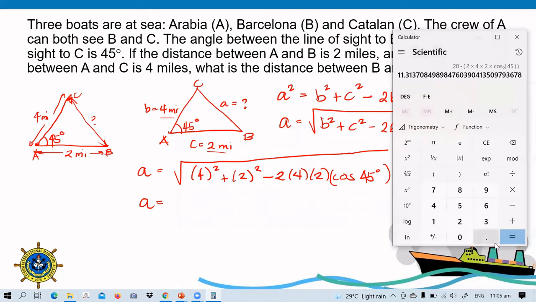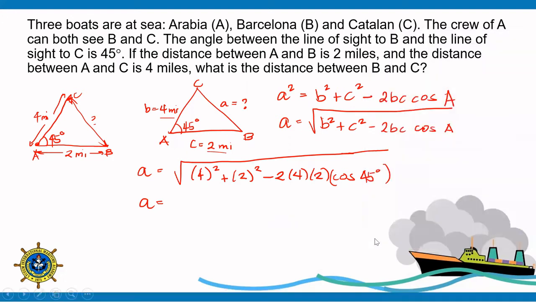Then close parenthesis, then press equals. Then tsaka nyo siya kukunin yung square root. So this is now the final answer. So you have 2.94, or in this case, I'll round it up to the nearest whole number. So therefore, the distance between B and C is 3 miles. Okay, so ganyan po yung pagkuha natin ng value.